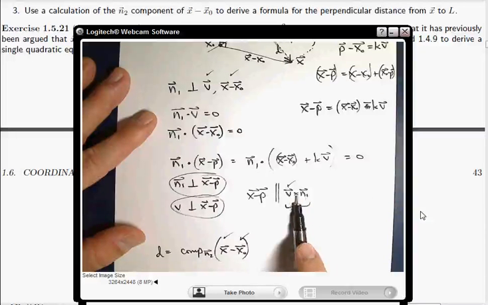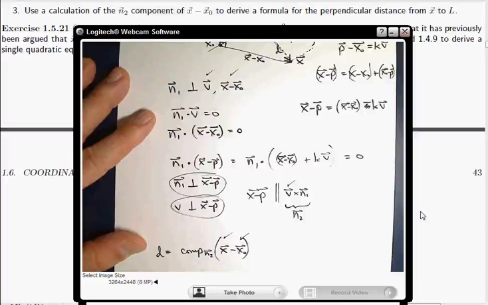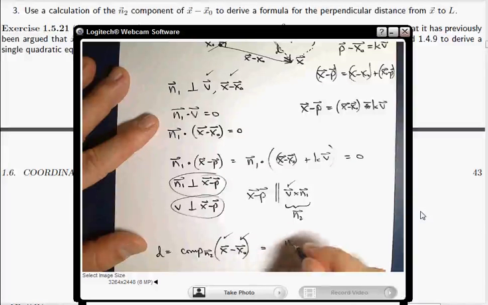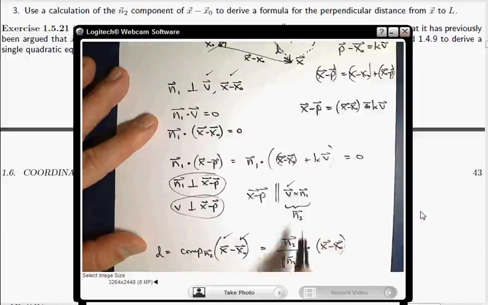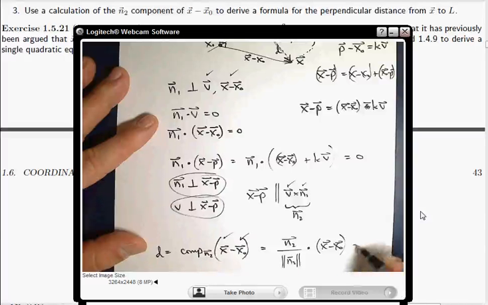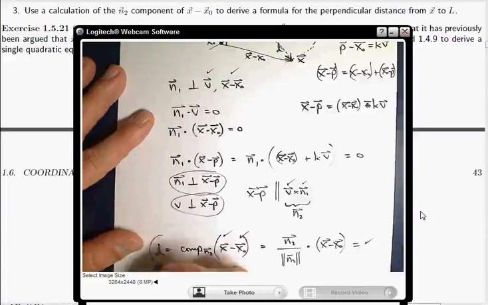You can cross that with v to get n2, and this calculation is then just n2 divided by the length of n2, dot x minus x naught. Once you know n2, you can compute everything in here and compute that distance.